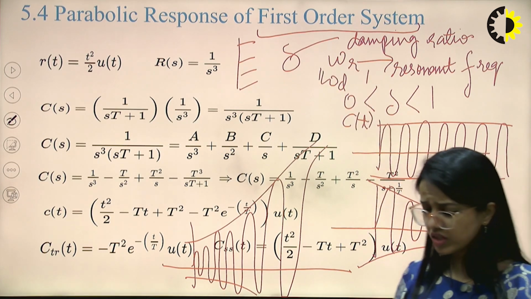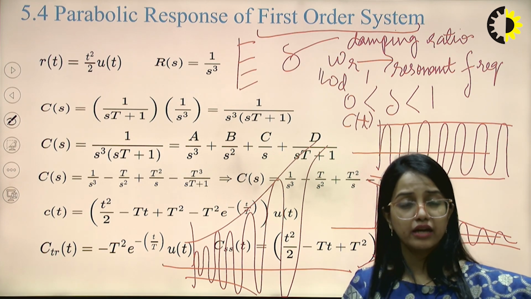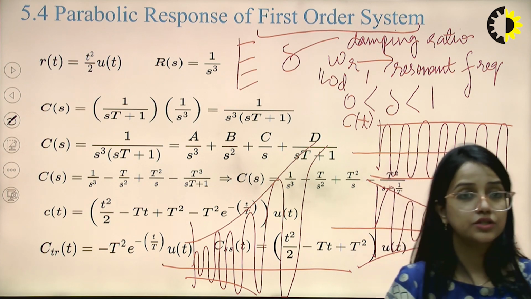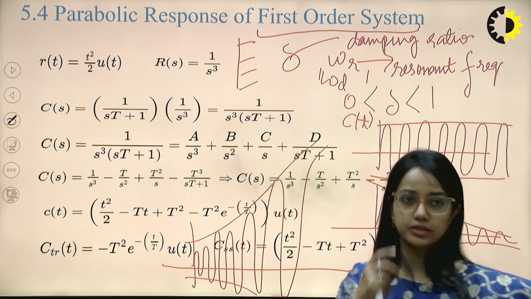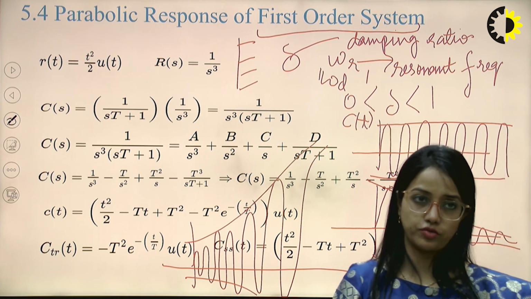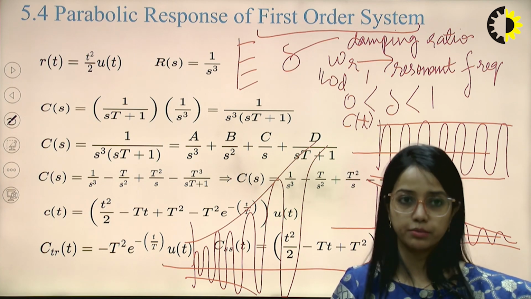Accordingly, we will have damped oscillations. So we will study everything when it comes to the second order system. From my next lecture, we will start the second order system subjected to all the 4 kinds of inputs, that is impulse, step, ramp and parabolic.